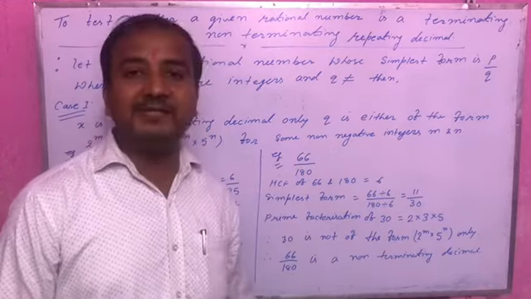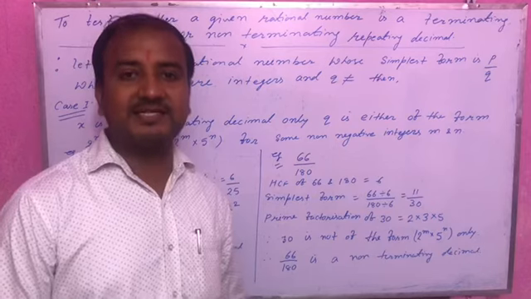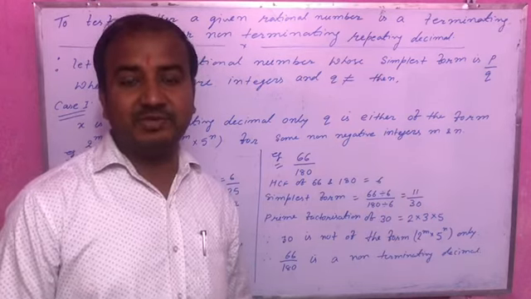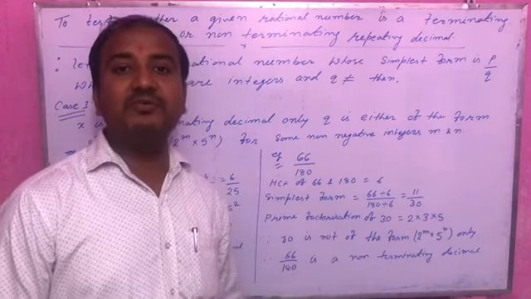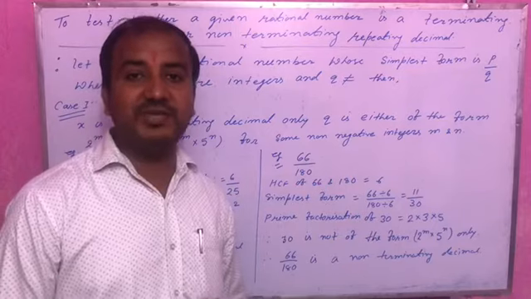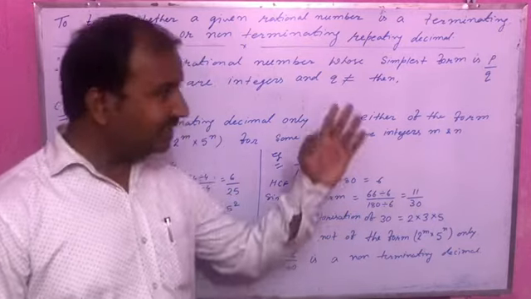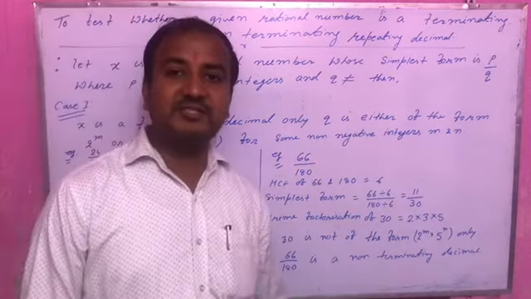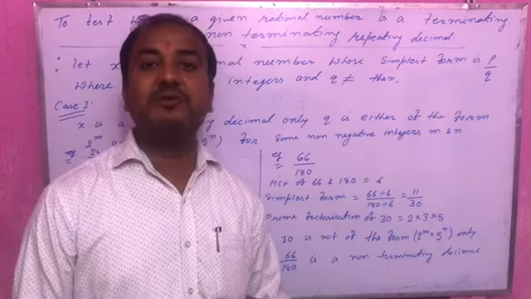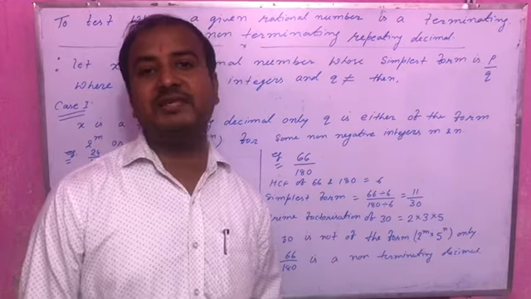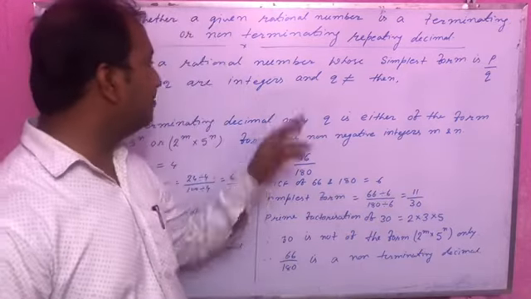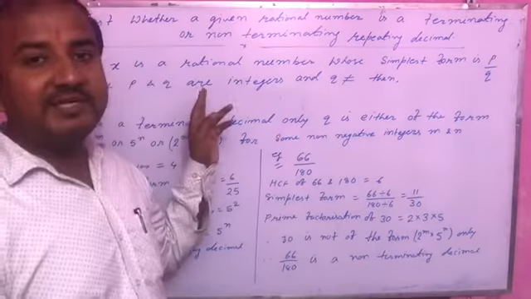Also you have been taught regarding rational, a number which is written in the form of p by q, where p and q are integers. Also q must not be equal to 0. Similarly, the simplest form must be in the form p by q, where p and q are integers and q must not be equal to 0. Same thing I have written over here.